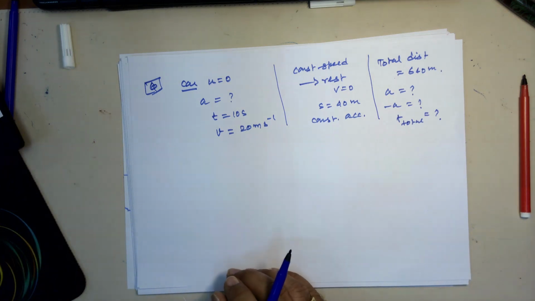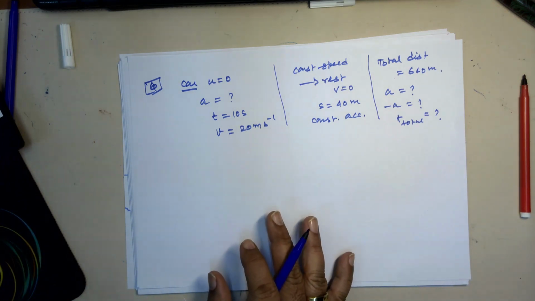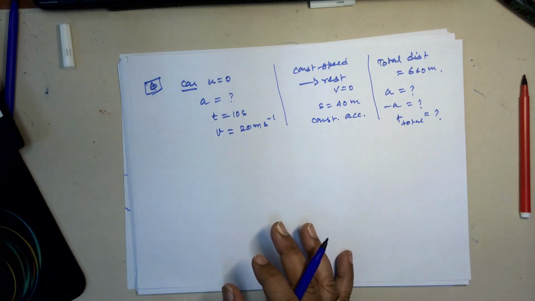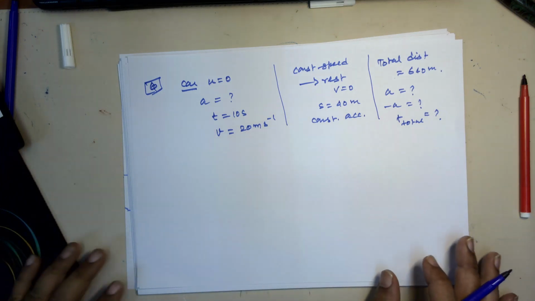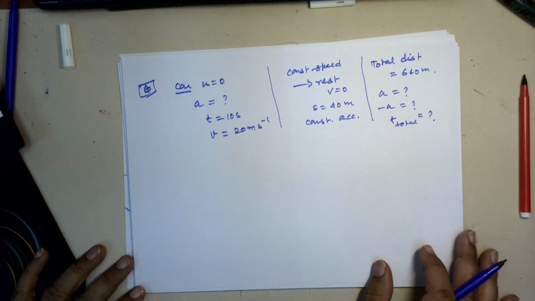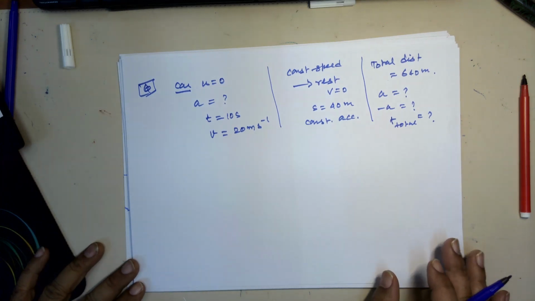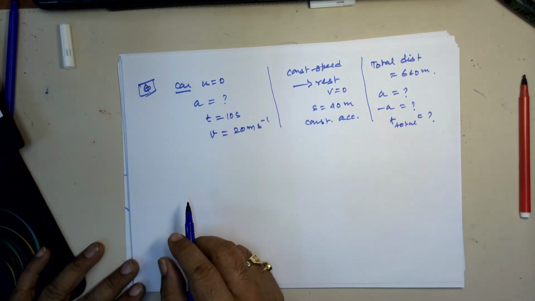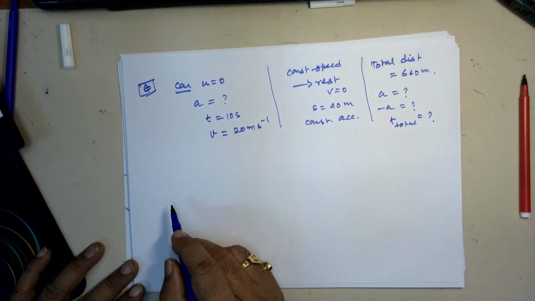Now let us try to visualize this problem. In physics, you must always visualize the problem so that it will be easy for you to include the appropriate concept in solving the problem.